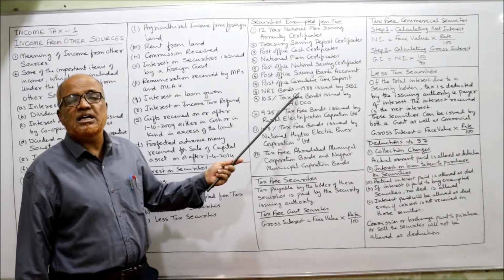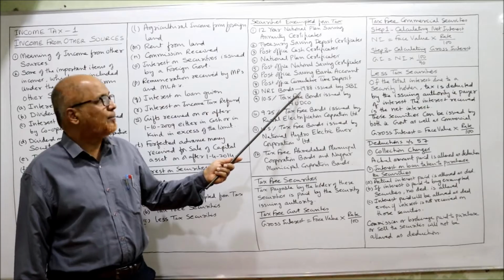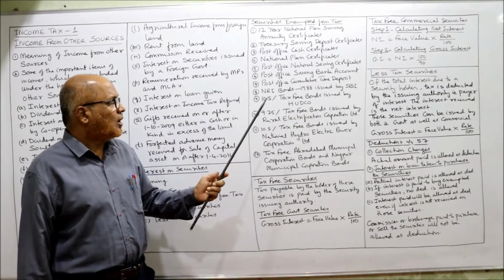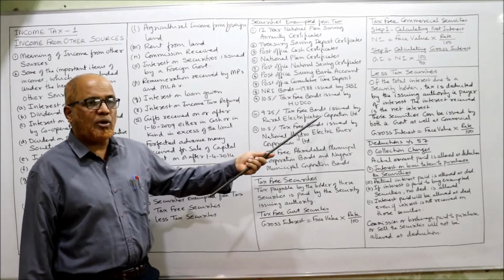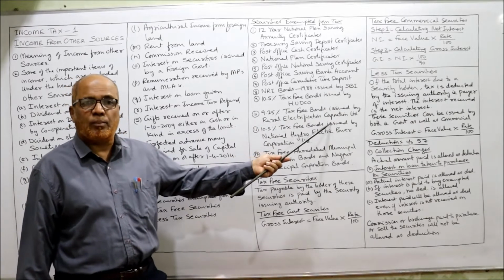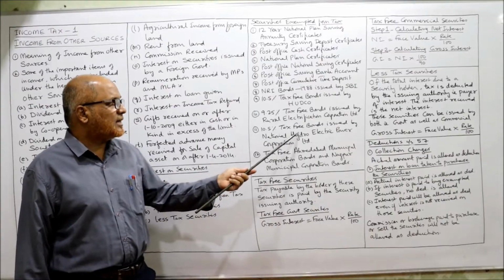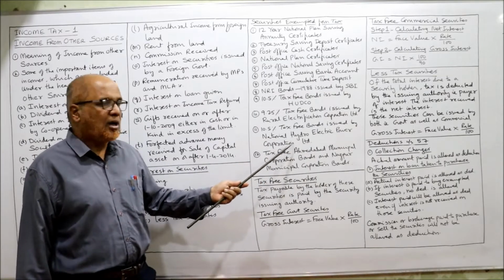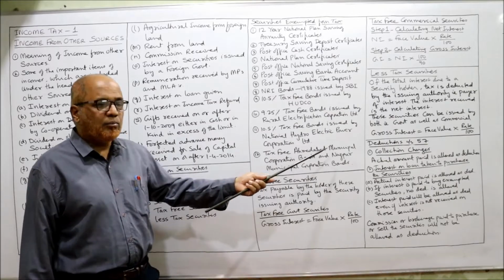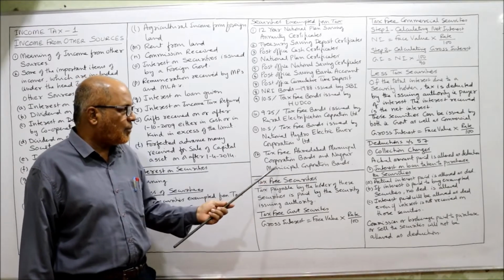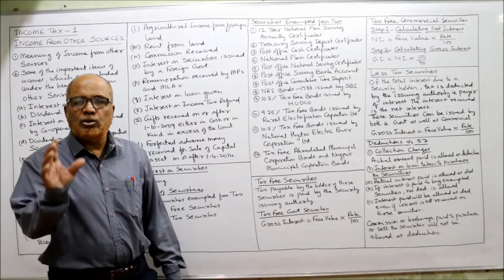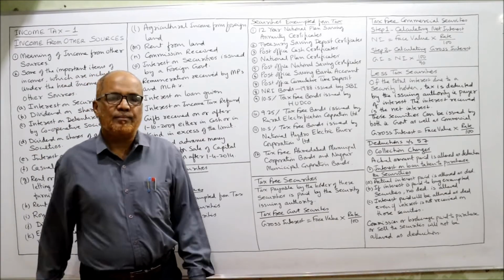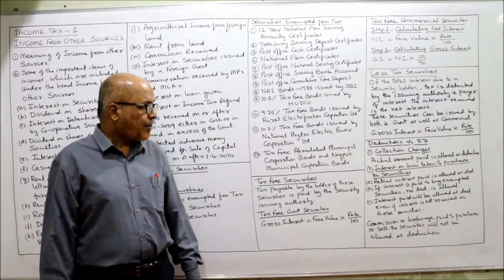NRI Bonds 1988 issued by SBI. Or 10.5% tax-free bonds issued by HUDCO. Or 9.25% tax-free bonds issued by Rural Electrification Corporation. Or 10.5% tax-free bonds issued by National Hydroelectric Power Corporation Limited. Or tax-free Ahmedabad Municipal Corporation bonds and Nagpur Municipal Corporation bonds. So remember, these are the securities on which interest is not taxable.